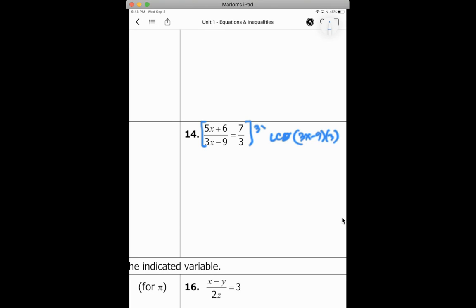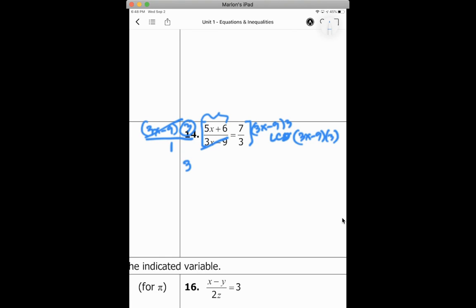So 3x minus 9 times 3, 3x minus 9 times 3. Okay? So 3x minus 9 times 3 times this thing right here, 5x plus 6 over 3x minus 9. This will be over 1. So this will cancel. So what's left will be this 3 right here.